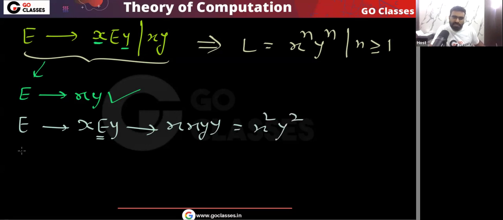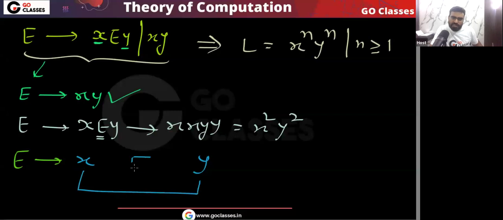Like this, if I replace this E with xEy, for every x there is a y. Now there is an E here, yes or no? So I can replace this E with xEy again, and again this E with xEy.